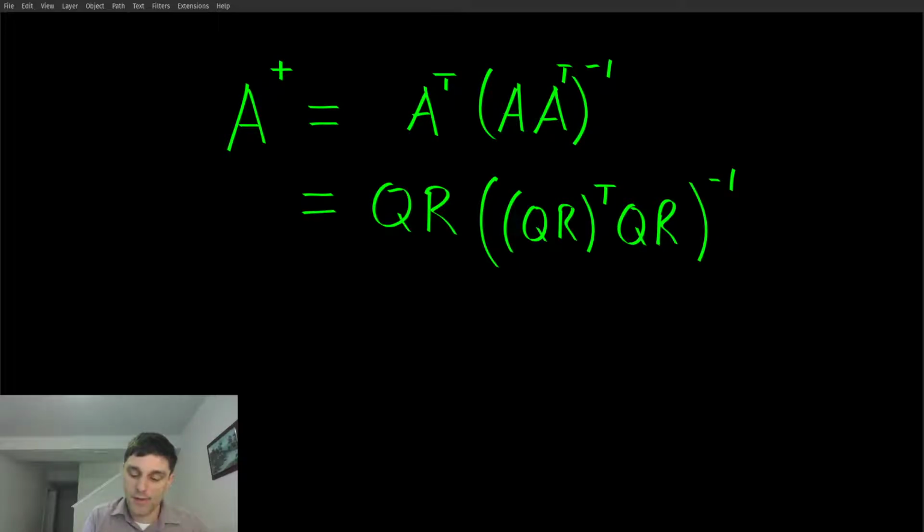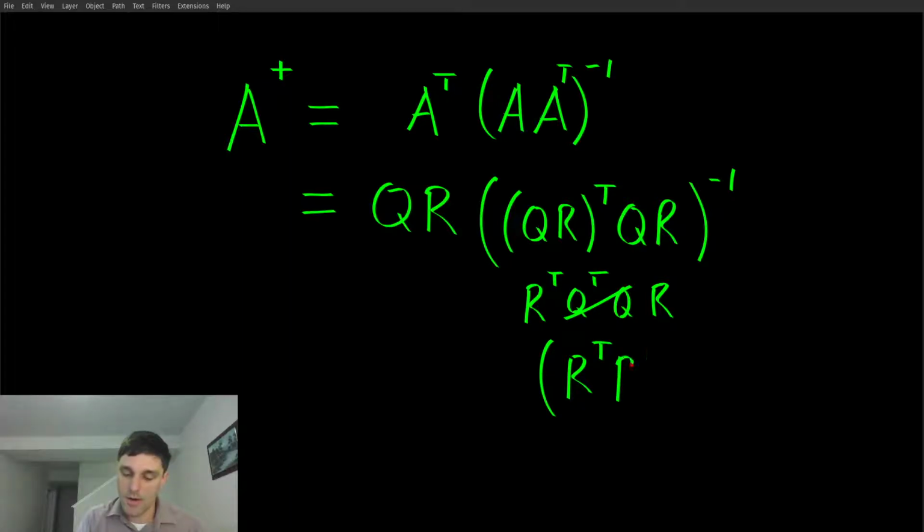Okay, and then this whole mess on the inside, we end up with R transpose Q transpose Q R. Q transpose Q is the identity matrix again. So we are back to R transpose R inverse, QR.